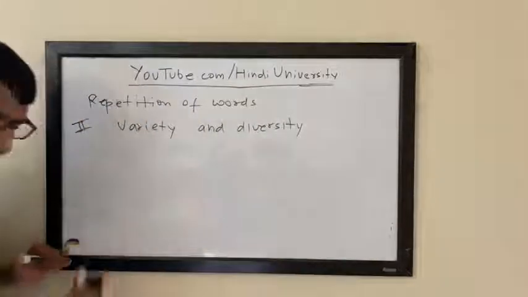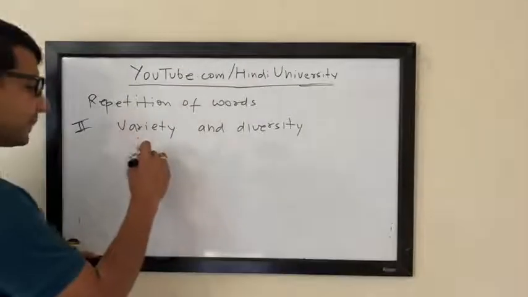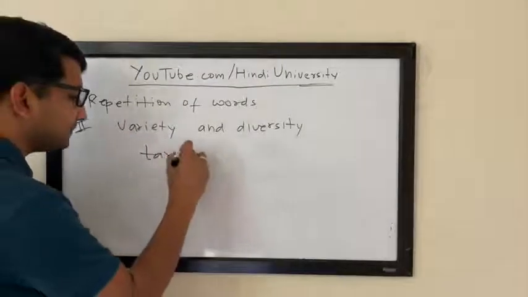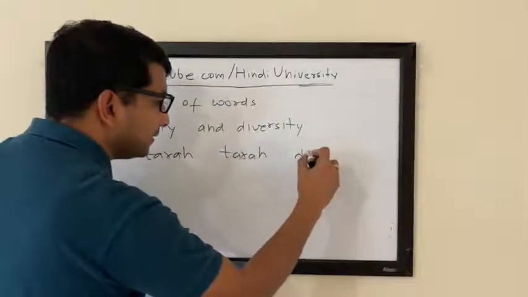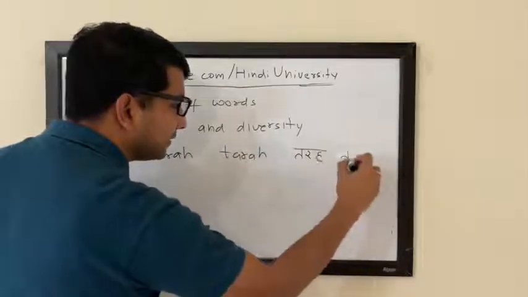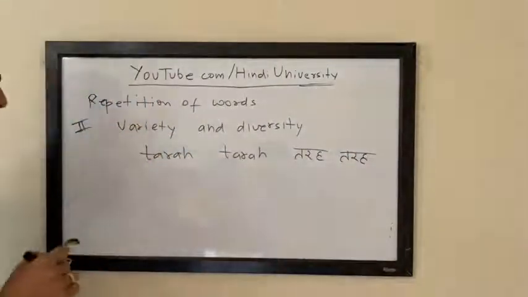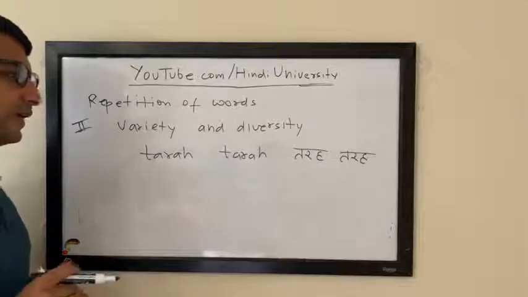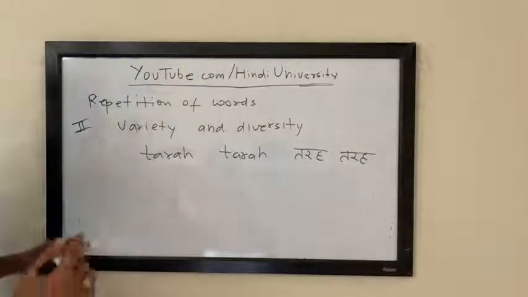Okay, so the one word that we have is tarah. It's typically used twice. You have the tarah. So let's say you went to a wedding and they had a lot of dishes and cuisine.